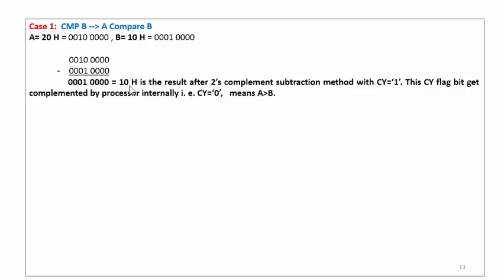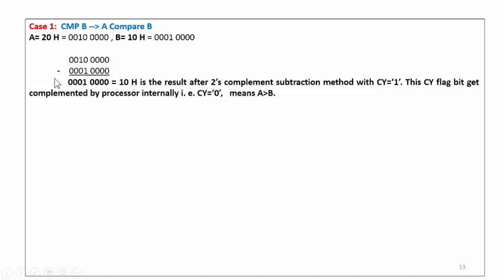As I said, the comparison is done internally using the subtraction technique. So obviously accumulator content minus B register content, 20 minus 10, you will get the answer 10 hex.